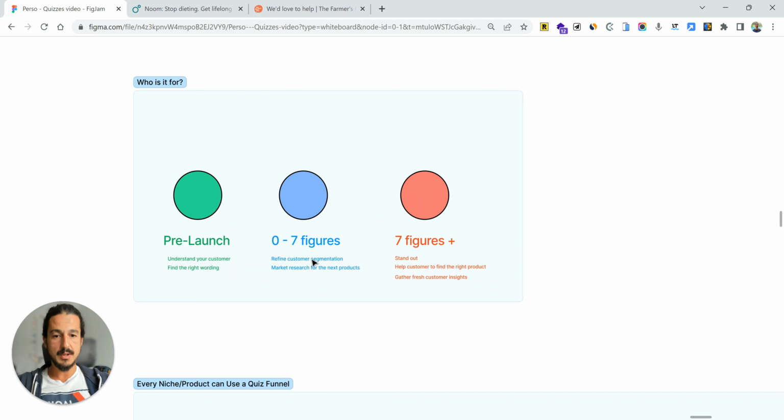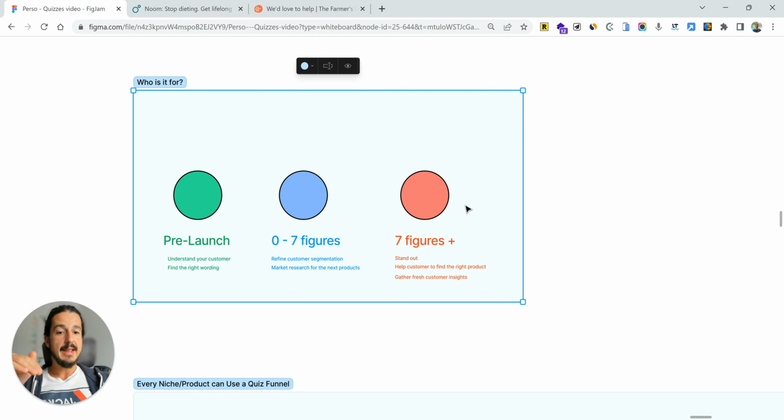Then from 0 to 7 figures, same thing. You can refine your customer segmentation by understanding what the customer is saying, and then you can start creating those different buckets, different types of customers.